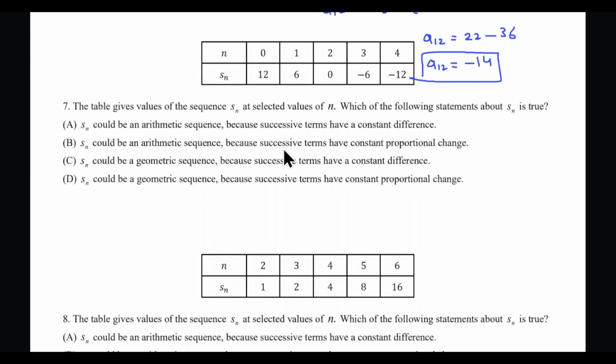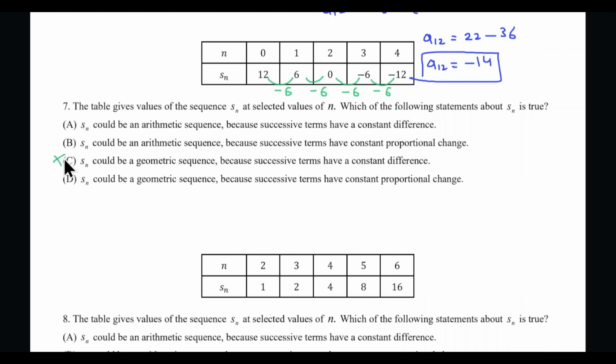Okay, the next one: the table gives values of the sequence S_n, and which of the following statements about S_n is true? Is that arithmetic or is that geometric? That's the first question. Well, clearly we can see that if we take the difference, for example, 6 minus 12 is negative 6, 0 minus 6 is negative 6, negative 6 minus 0 is negative 6, negative 12 minus negative 6 is negative 6.